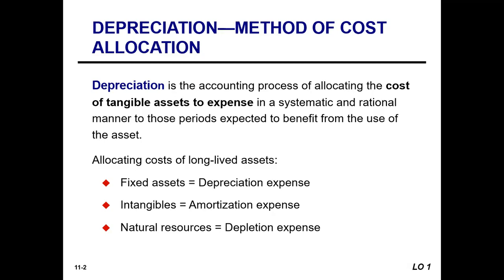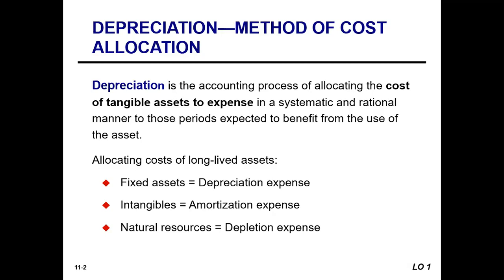And so when we think about these long-lived assets, fixed assets, we depreciate. Intangibles, which again, we get more into in chapter 12, we amortize. Natural resources we deplete. So depreciation, amortization, depletion are really three of the same types of calculations, or really the accounting principle behind those calculations is similar.